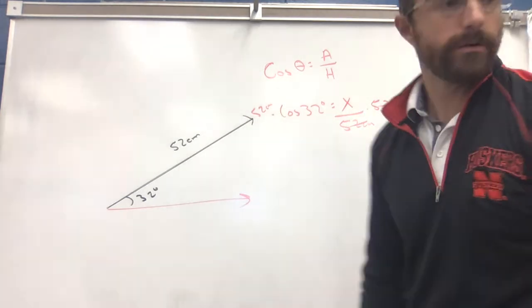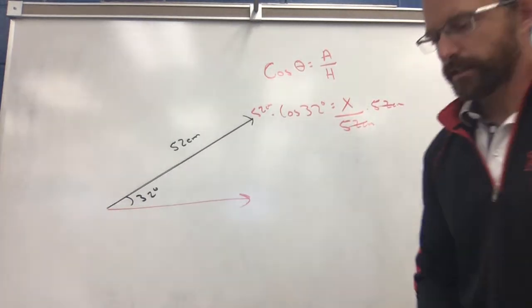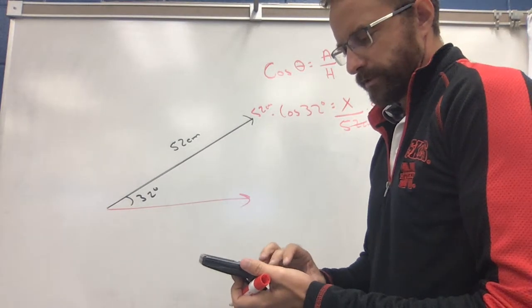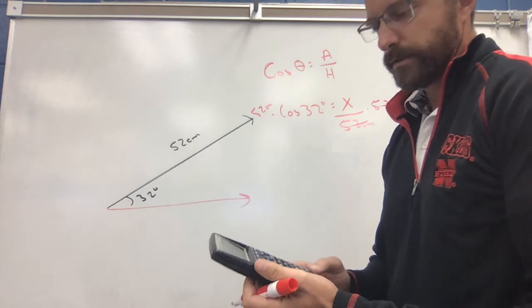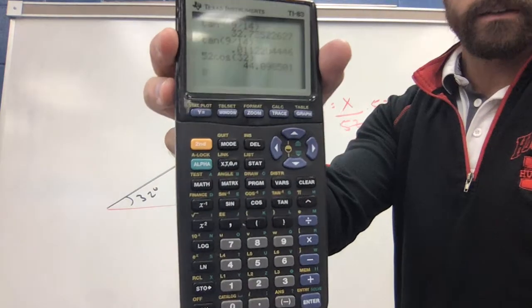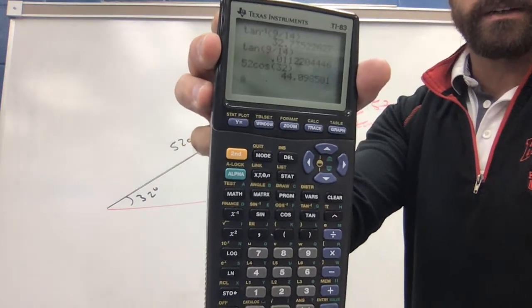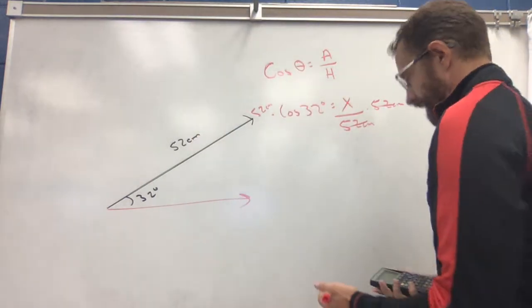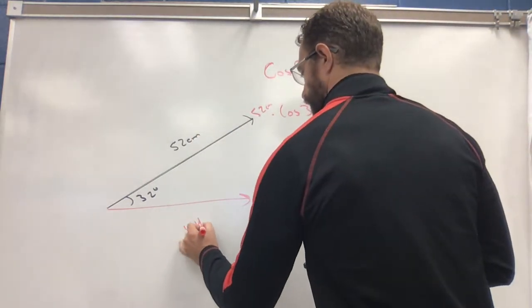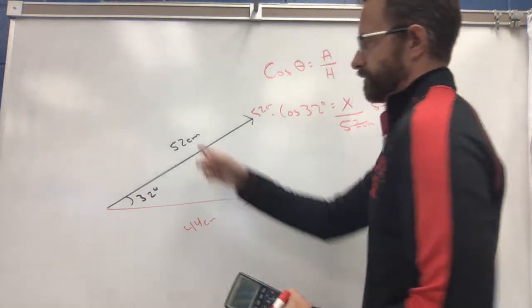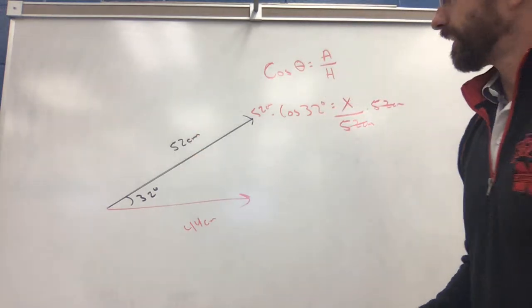So 52 times cosine of 32, right, is all I have to do right there. So I did 52 times cosine of 32, and that gives me an x displacement of 44 centimeters. Or if this was newtons, this would be 44 newtons, that kind of thing, right?